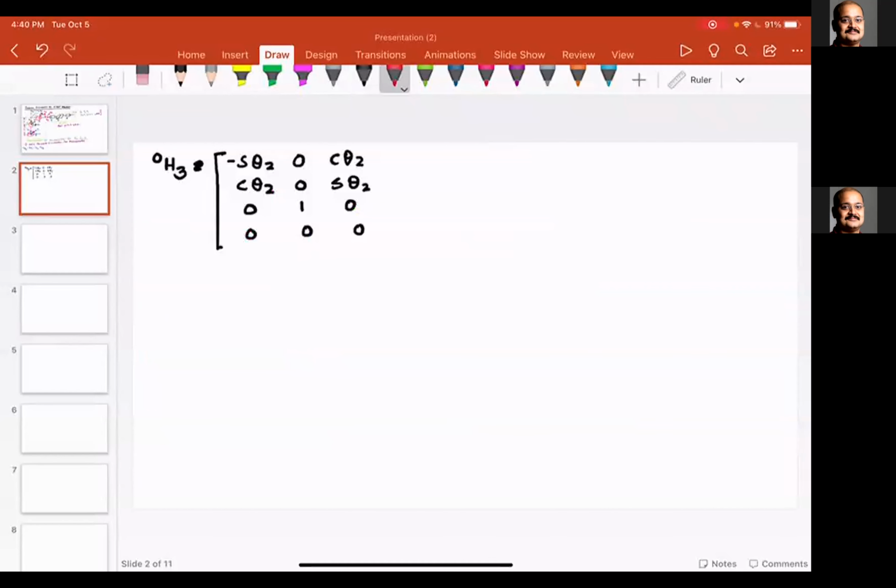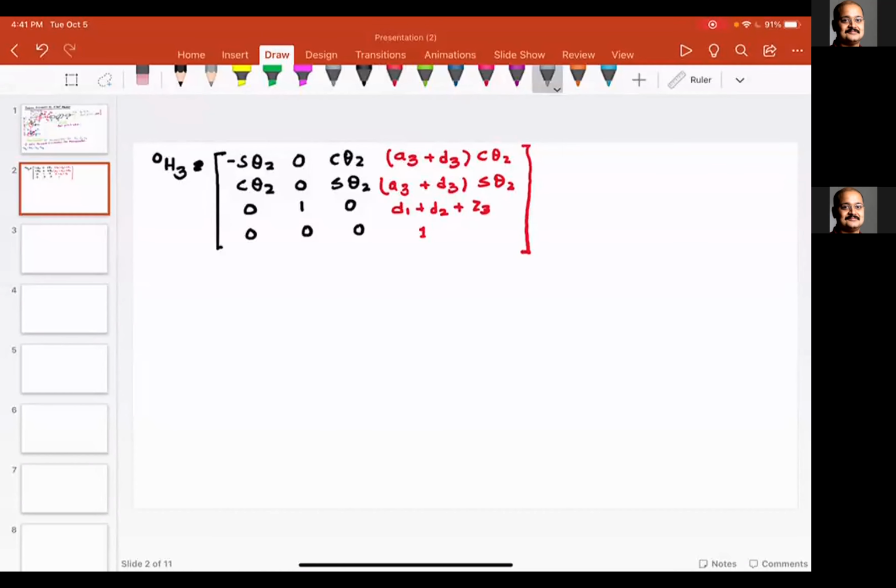It is going to be a3 plus d3 cosine theta 2, a3 plus d3 sine theta 2, then d1 plus, if you look at d2, plus c3, and this is going to be 1.